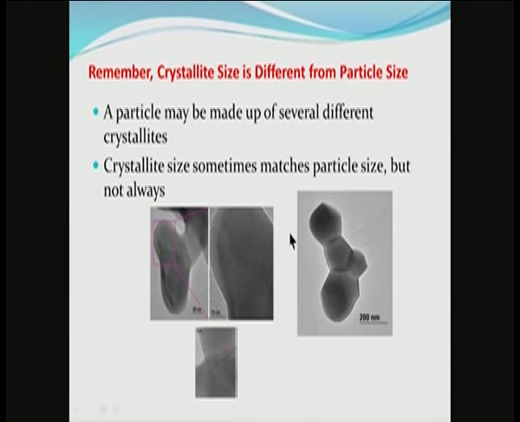What are shown here are transmission electron microscopy images showing how crystals or particles are formed through crystals agglomerating with one another. Therefore, it is important to make sure that what we get in the end is the average crystallite size and not the particle size, and electron microscopy is often useful in making sure that what we get is the crystallite size and not the particle size due to agglomeration.